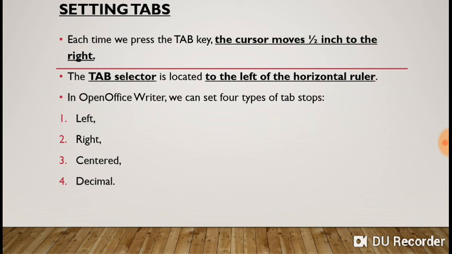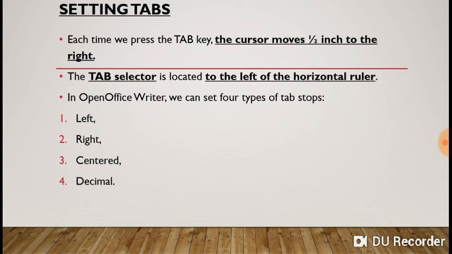So for that we can set the tab amount, the tab space. Whatever amount we set for the tab, whenever you press the Tab button, it will move your cursor position to the next point at that amount.